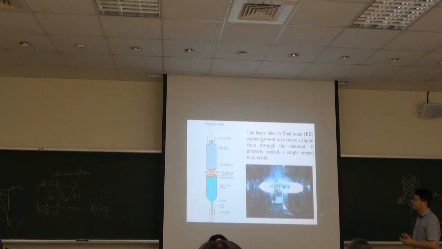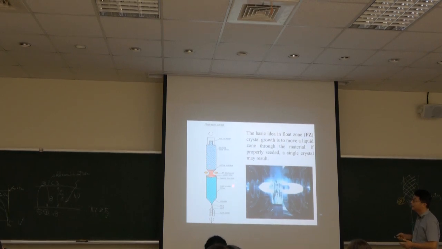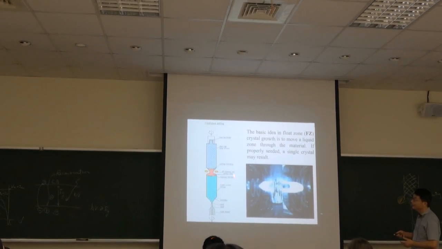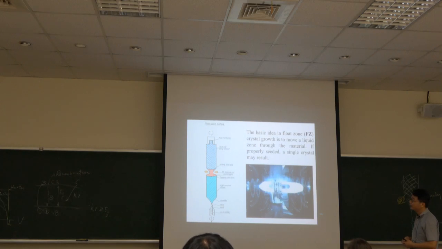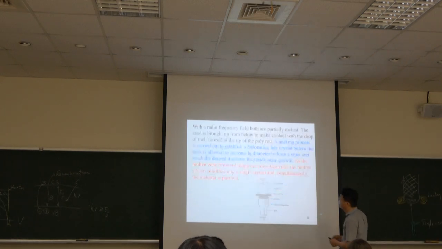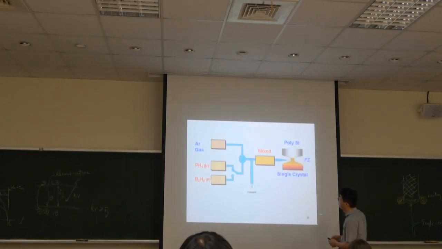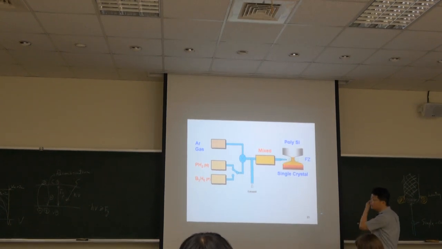So this is more convenient, and the facility requires less expense, compared to the Czochralski process. All right, if we want to create doping, for example, because the float zone process here is a molten state, we can use some gas.